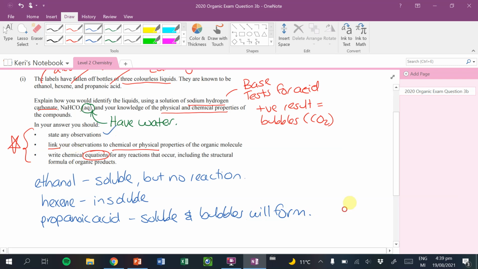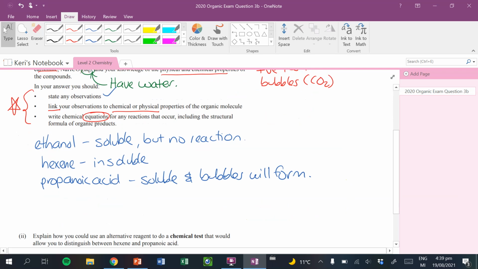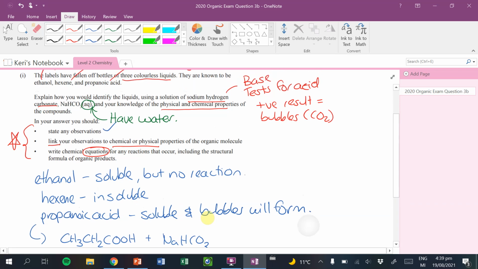I'm not going to link it because you guys can link it, and hopefully you know some of your chemistry about what's happening. I will give the equation, though, because a lot of people struggle with these chemical equations. So, propanoic acid, CH3CH2COOH, is reacting with the sodium hydrogen carbonate. With that, it will get neutralized.